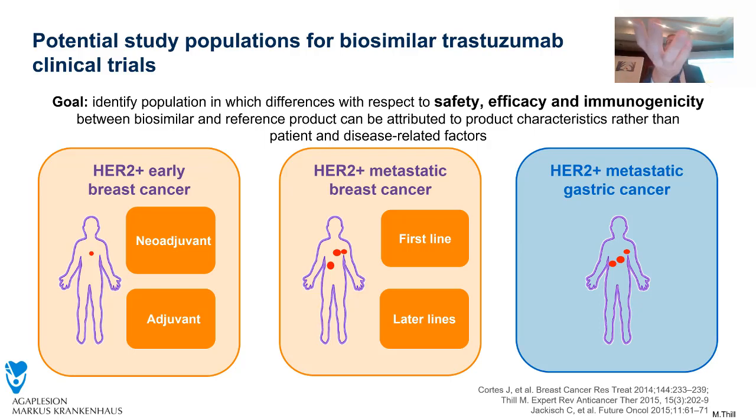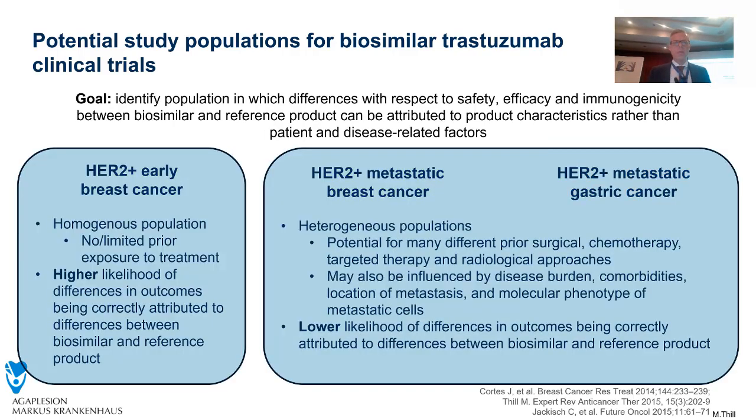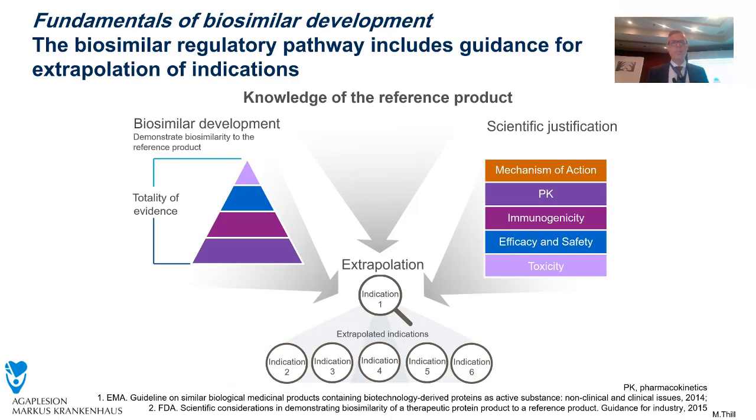So you can decide which is your favorable patient population you want to recruit for your trial showing biosimilarity. As I said, in the early breast cancer setting, your patient population is homogeneous, and I don't want to repeat everything. So this is my recommendation, to go for early breast cancer, neoadjuvant, and PCR is the endpoint.